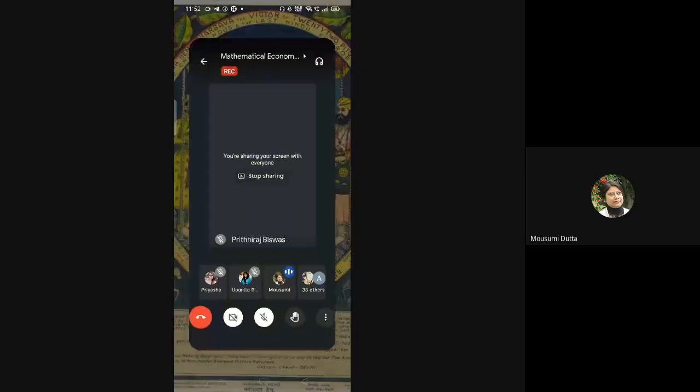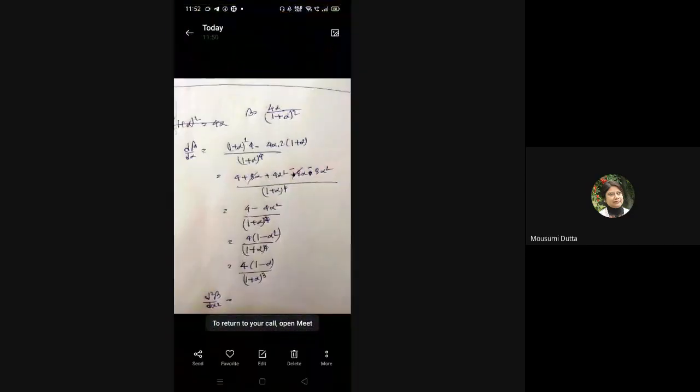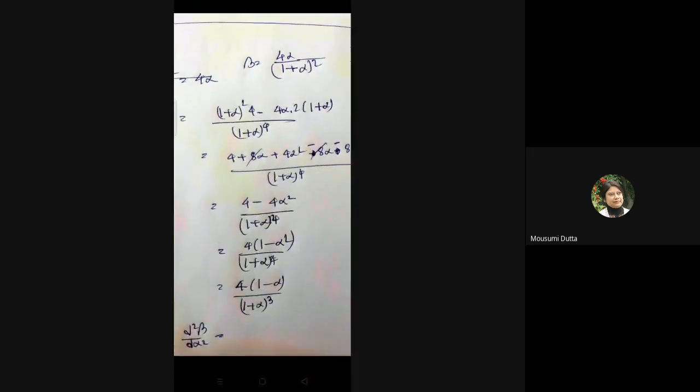And those who could complete the first order rightly, you can check the second order too. Okay. So is it visible to everyone?